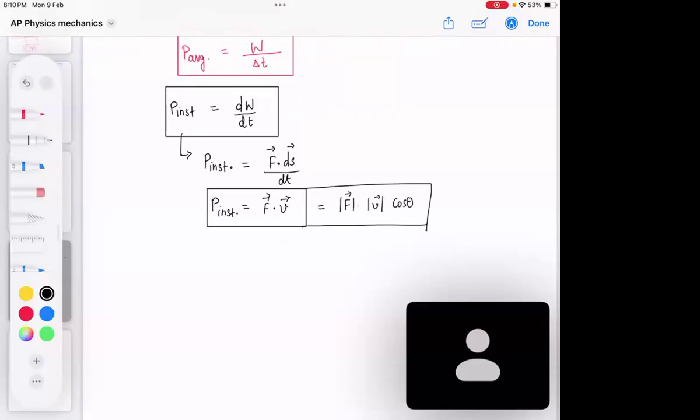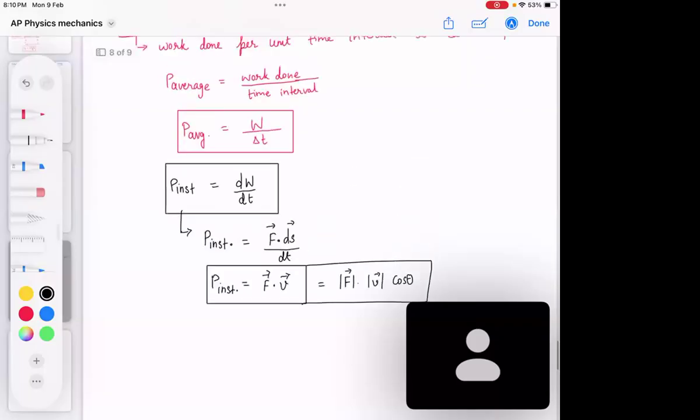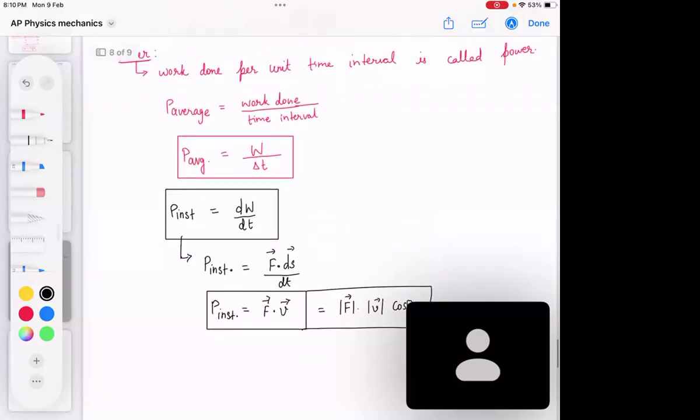That's why in circular motion, if the force is acting exactly along the radius and the displacement is happening along the tangent, the force and displacement become perpendicular to each other, and in that case the power becomes zero. Understood? Please tell me first, do you understand the meaning of power, average power, and instantaneous power?